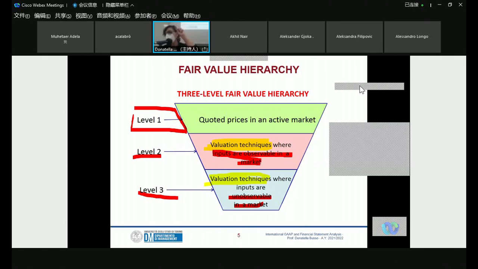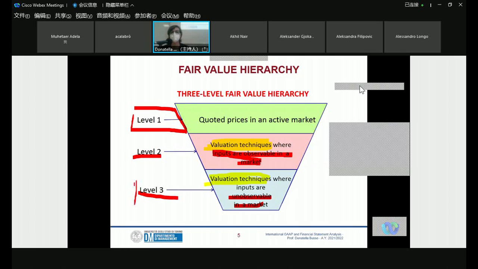And if the inputs are observable in the market, at the end, 10 different companies, if they compute the fair value of the same, I don't know, forward, with level 2, the result is the same, because the valuation technique is just one, and the inputs are the same for all the companies.